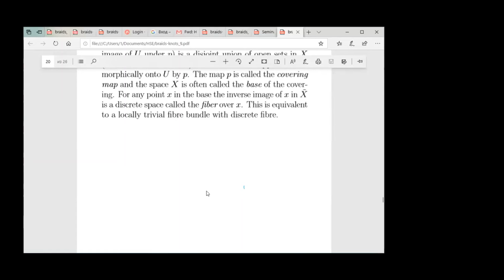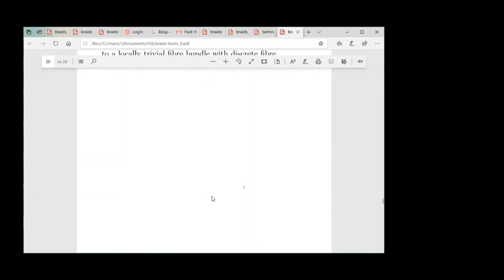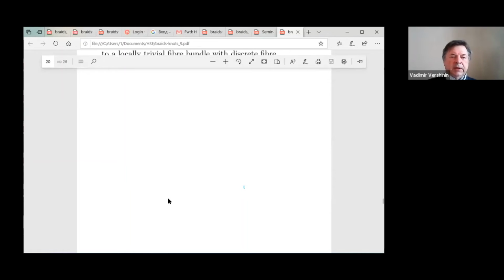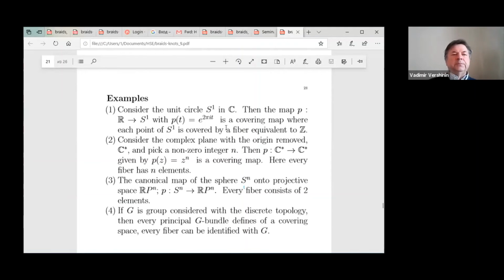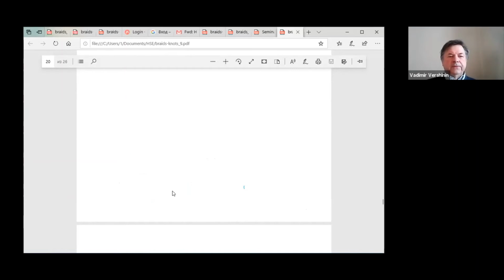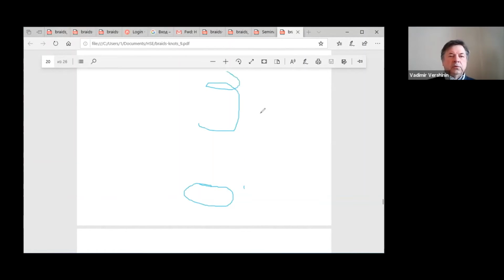Yes. So, very good. So we need that. So a typical example is the exponential map. Actually, probably everything started with this. We have a circle, and you have R, and you have the exponential map from here to here.